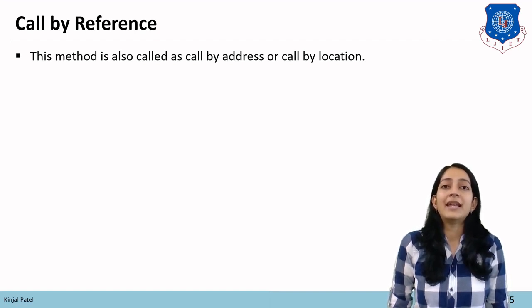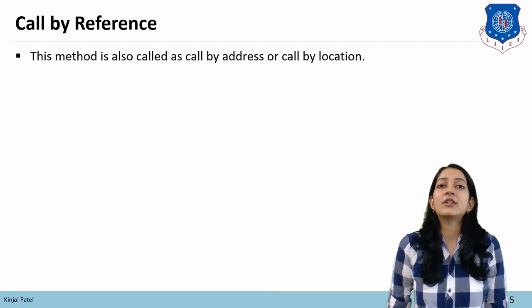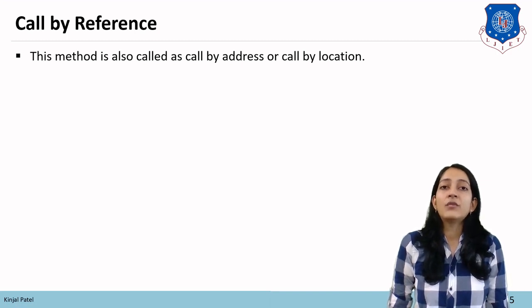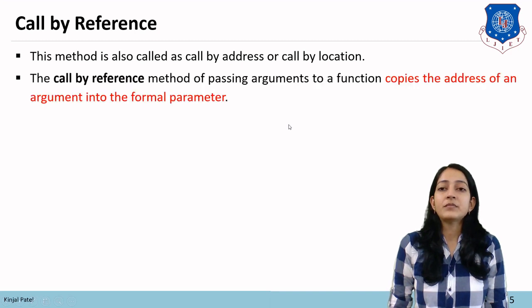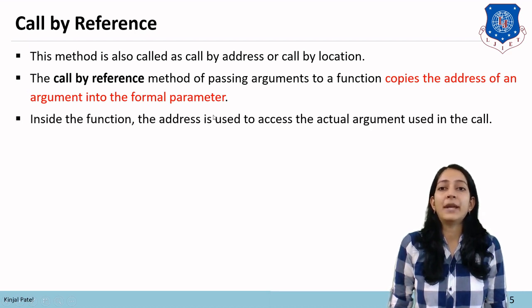For example, there is one expression that x equals to x plus 1. So we won't pass the value x plus 1, we'll give the reference of its left hand side, which is x. But if there is only variable x, then we'll directly give the address or the location of that variable x. So the call by reference method passing argument to a function copies the address of an argument into formal parameter.